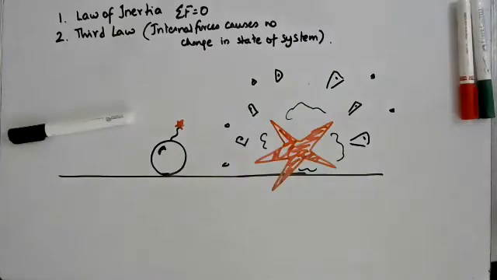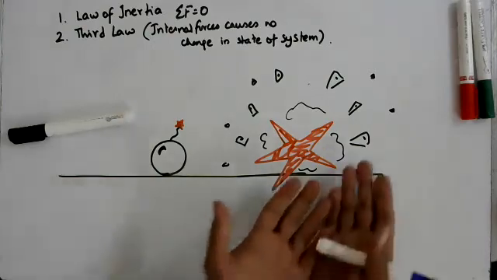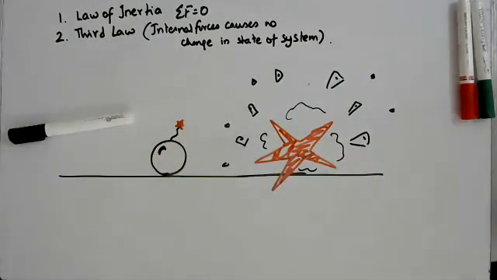and obviously now there is a change in the state of motion of the particles that are involved in this blast. So now I ask you the question: if the law of inertia was true, and the third law, that internal forces cannot cause change in the state of the system, is true, then how come the particles over here are accelerating and moving, right?